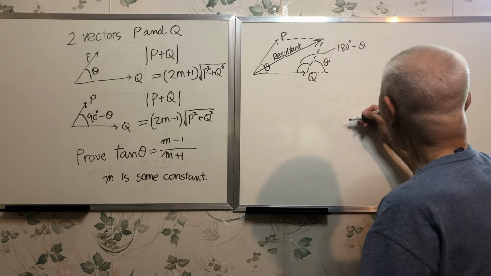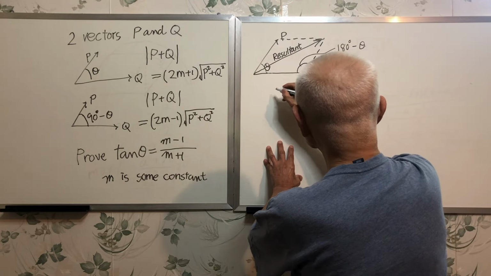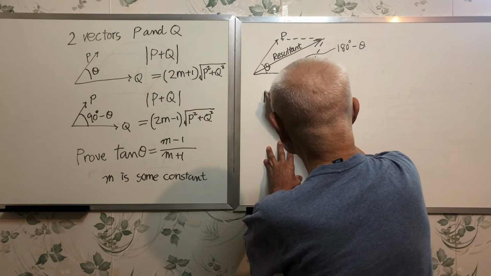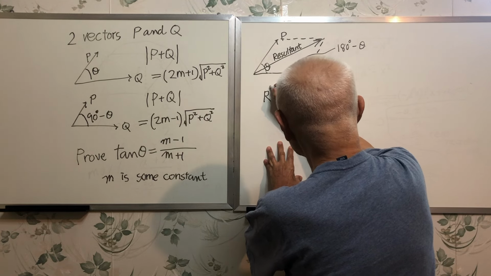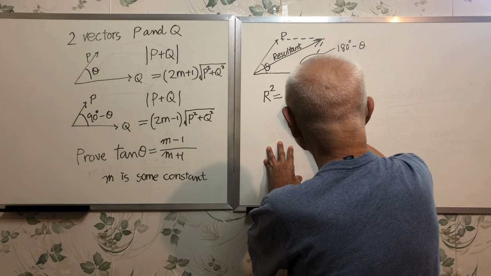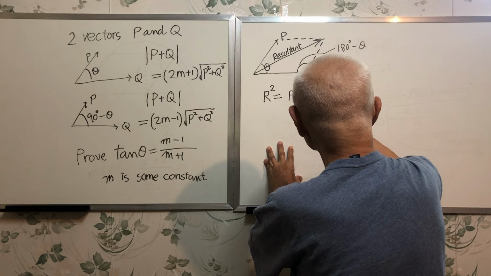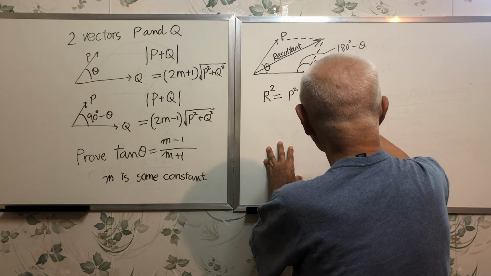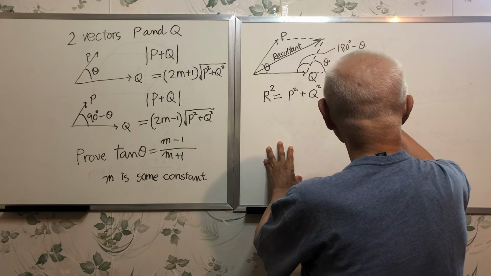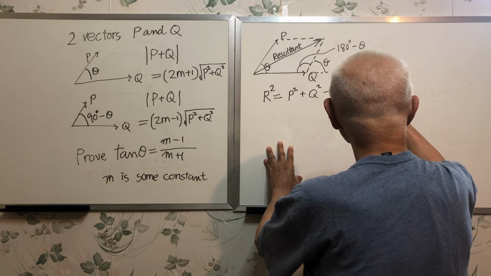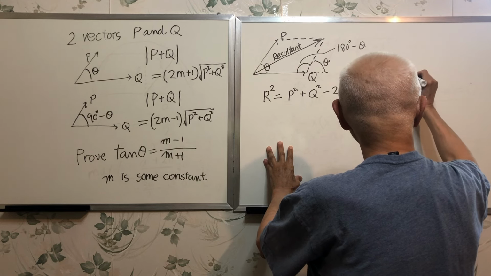Using cosine law, the resultant R: R square is P square plus Q square minus 2PQ cosine 180 minus theta.